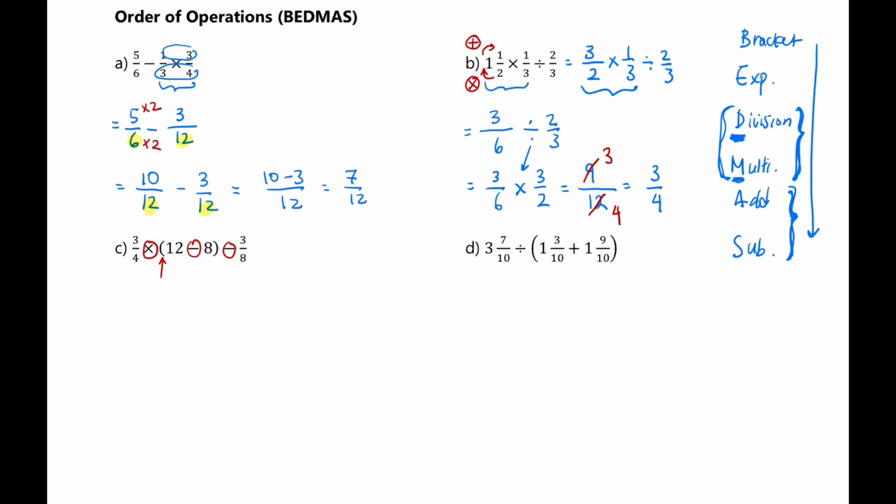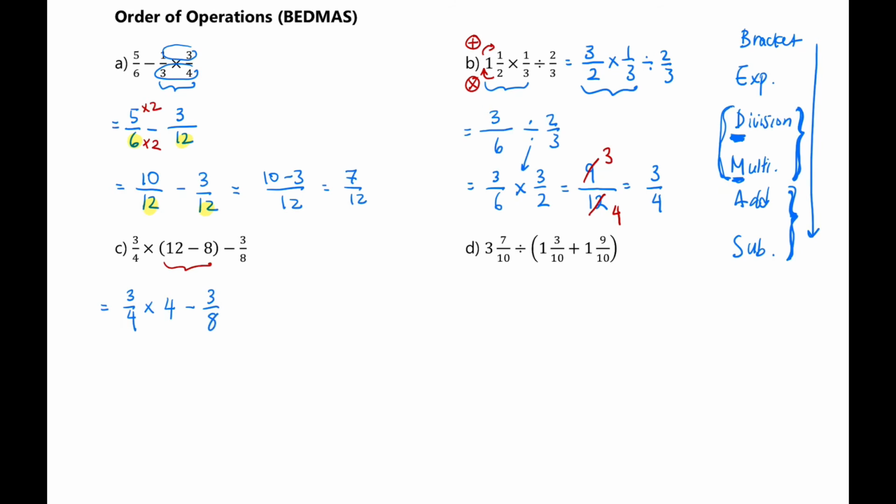So by order of operation, we have to work on our brackets first. So that means we have to work on this first, inside the bracket first. Okay, so let's rewrite the expression. 3 over 4 times. We know 12 minus 8 is 4, so we're just going to leave 4 in there. And we're going to bring down the rest of the expression, minus 3 over 8.